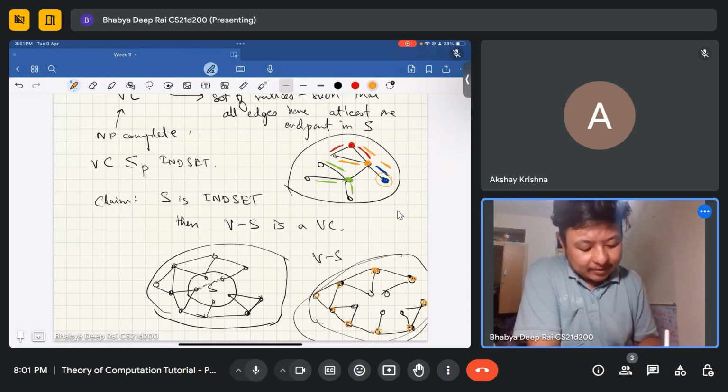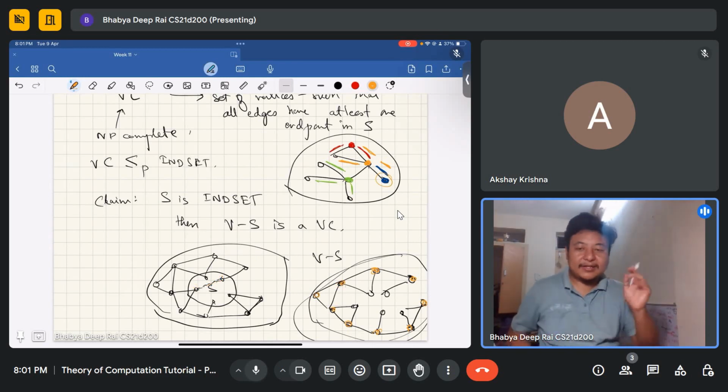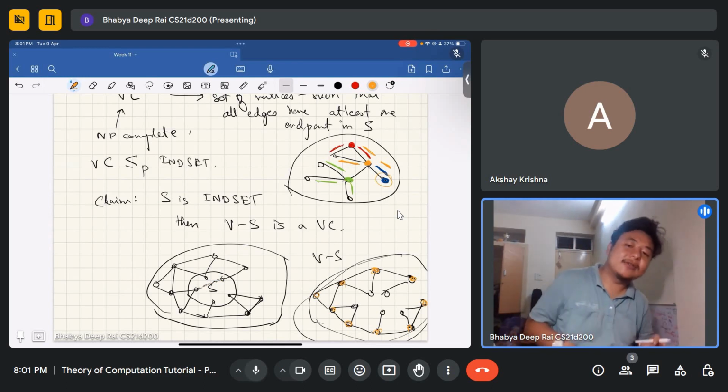The vertex cover should at least cover this edge. To cover this edge, either this should be in the vertex cover or this should be in the vertex cover. But the vertex cover does not have it, right? So therefore, if it is not an independent set, then it is not a vertex cover.